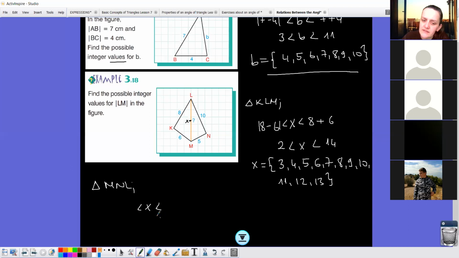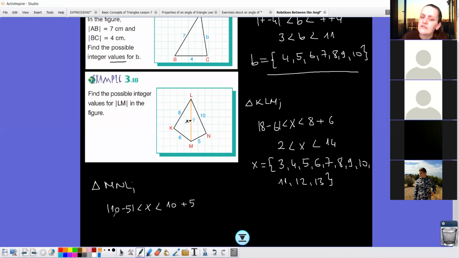I'm writing the X in the middle, then here we have the difference. Which sides do we know? 10 and 5 we know. So what will be here? 10 minus 5. And here 8 minus 6? No, why 8? Again, the same one. Oh, yes, teacher. 10 plus 5 it will be.